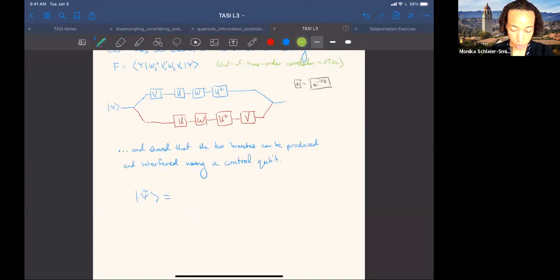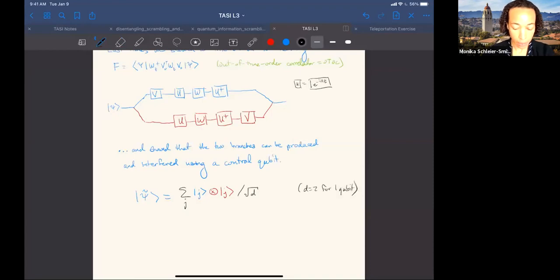So we have a sum over basis states of one system being in state J, product with the other copy being in state J. We can divide this by the square root of the dimension D of the Hilbert space for each system. So if it's a qubit, D is just 2, if I just have one qubit.